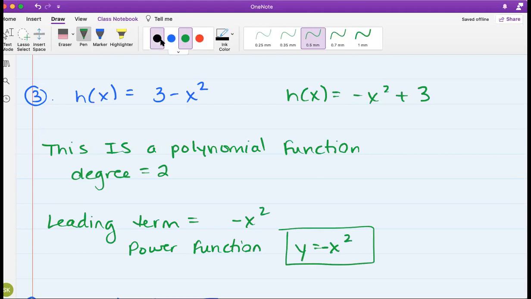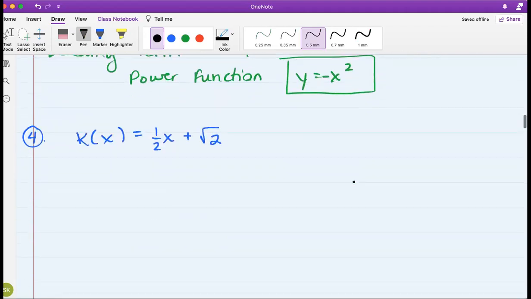And again, we could expand this if we wanted to put it in that polynomial form, where we have the powers going down 1 unit each time we go out a term.